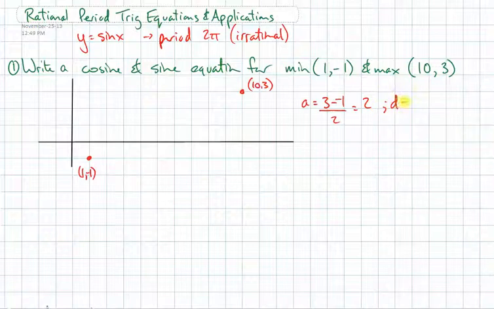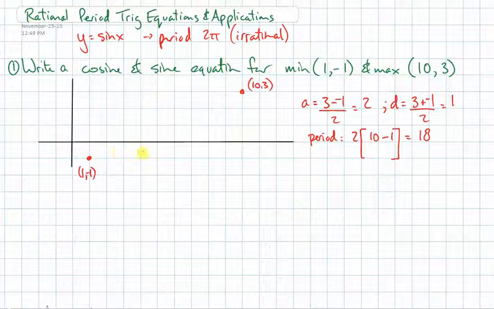The vertical displacement is the mean value, so it's the sum of the y values divided by 2. The period is twice the difference from the max to the min, or the min to the max, so 18 is the length of the entire function, so we're representing only half of it right now.